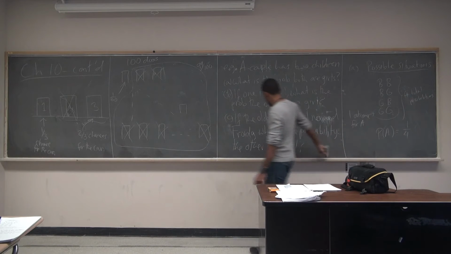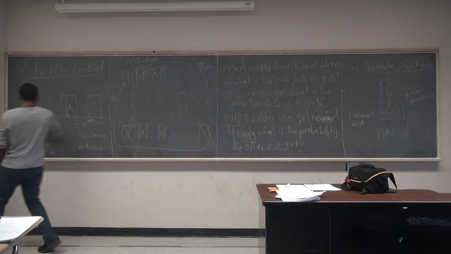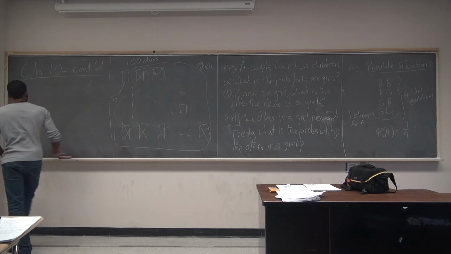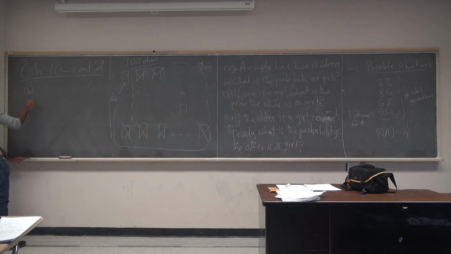Okay, how would you think about B? B says if you know that one is a girl, you can automatically eliminate the boy, boy option. So we have boy, girl, and girl, boy, and girl, girl, right? Because we know that at least one is a girl, boy, boy is no longer a possible answer.